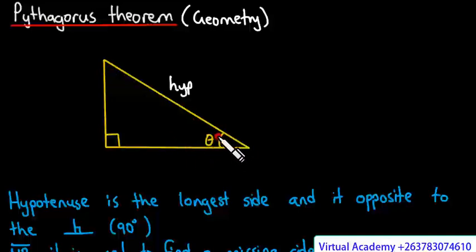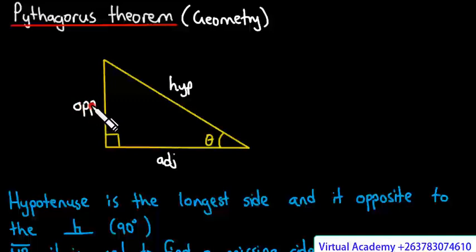If we are using this angle below here, the side which is connected to this angle, other than the hypotenuse, we refer to as the adjacent. You can think of it as being adjacent to this angle. Then the other remaining side, this one which I have not named yet, is opposite the angle which I'm considering at this moment. It's opposite to the angle I'm considering, so we refer to it as the opposite.